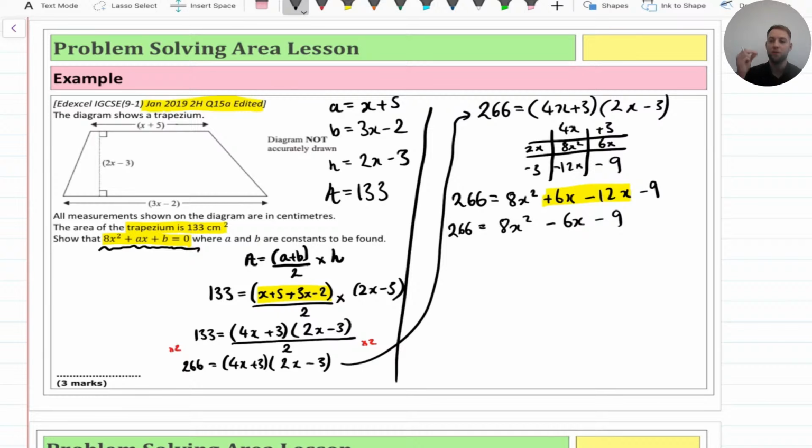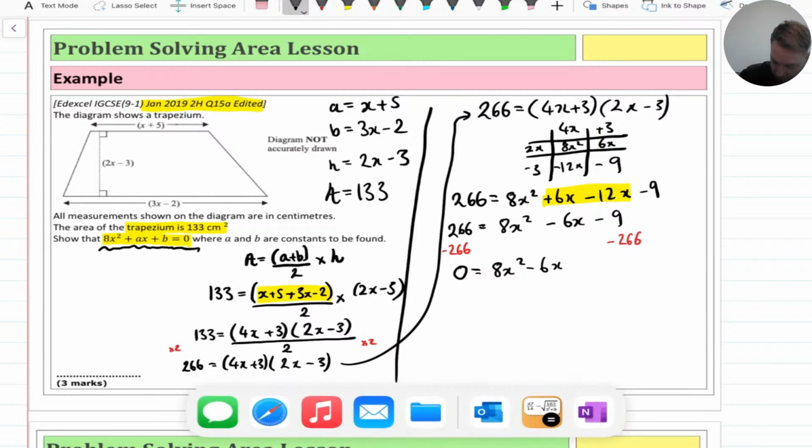And then the last little part, remember, you're trying to make this equal to 0. So at the moment, it's equal to 266. So I need to get rid of that 266 by subtracting 266 from both sides. So I end up there with 0 is equal to 8x squared minus 6x, minus 9 minus the 266.